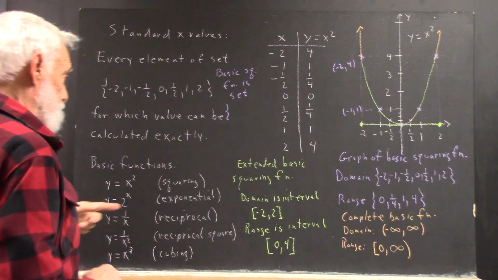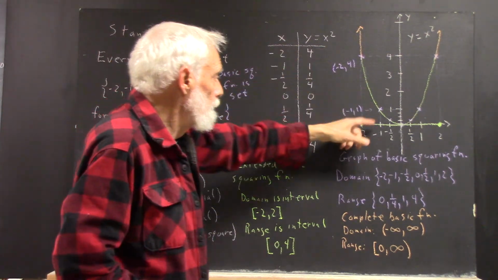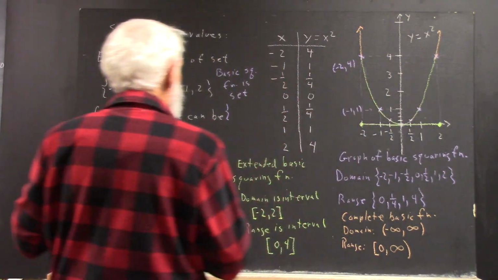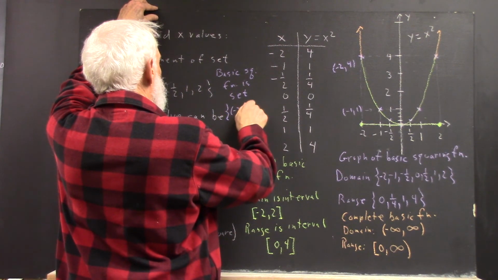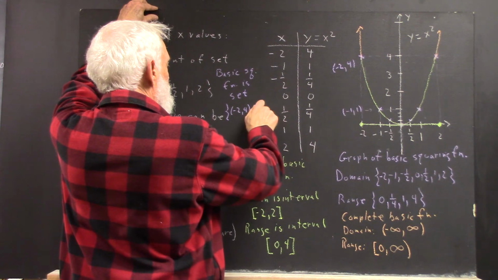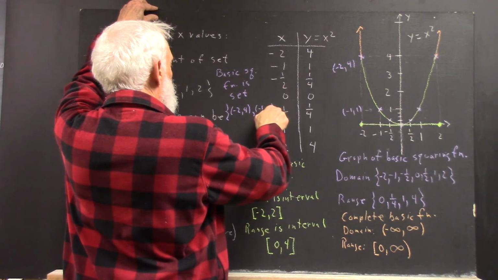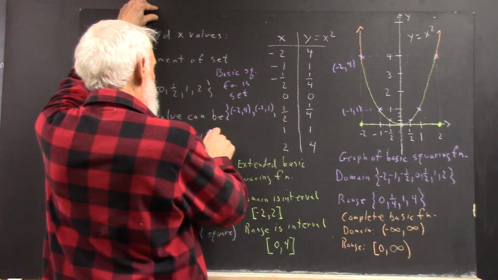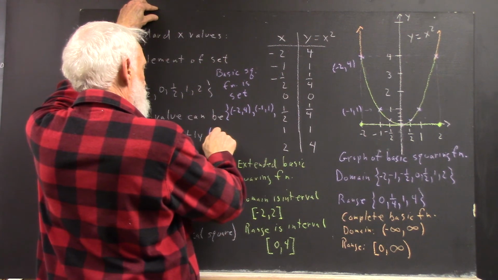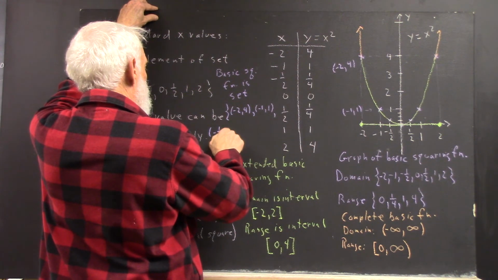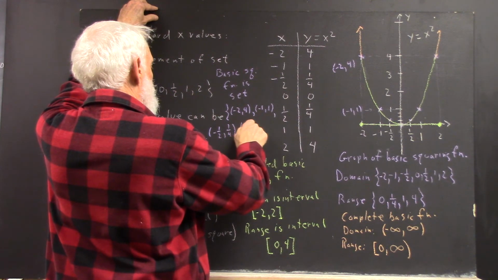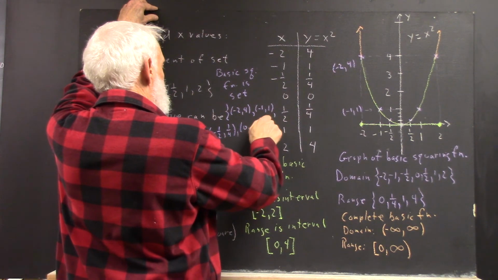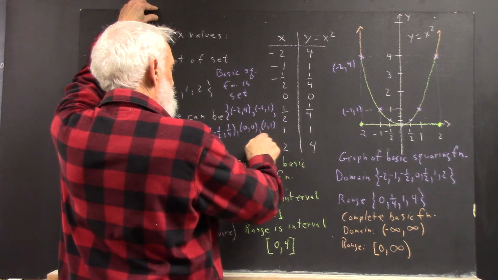It's the set of ordered pairs that represent these points. So we have the point -2, 4, -1, 1, -1/2, 1/4, 0, 0, 1, 1.